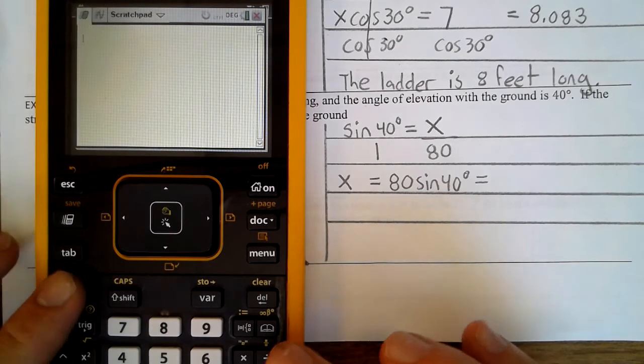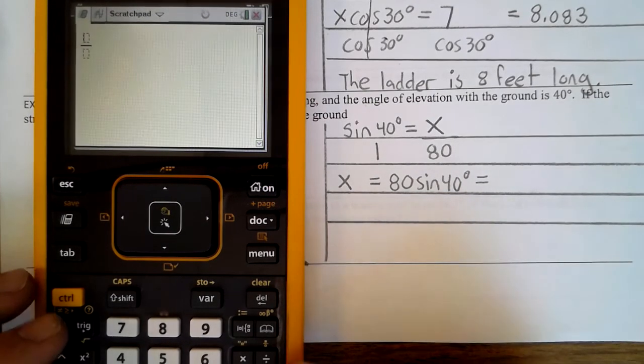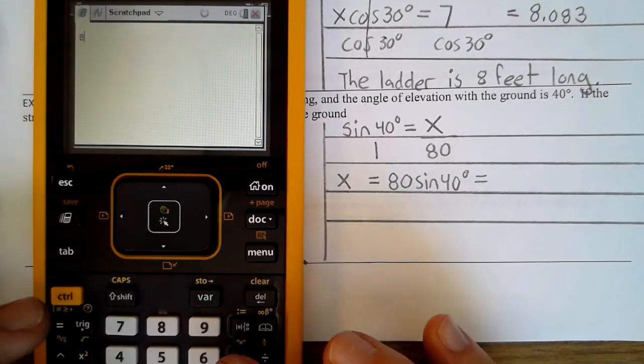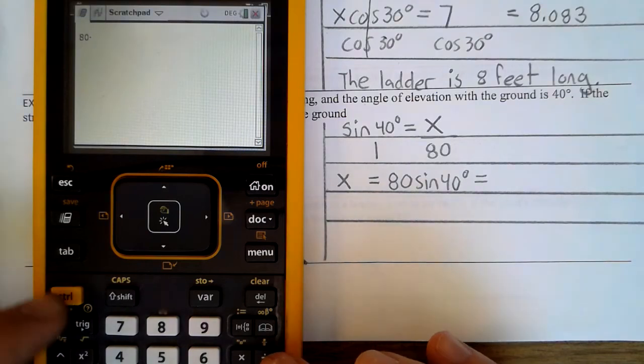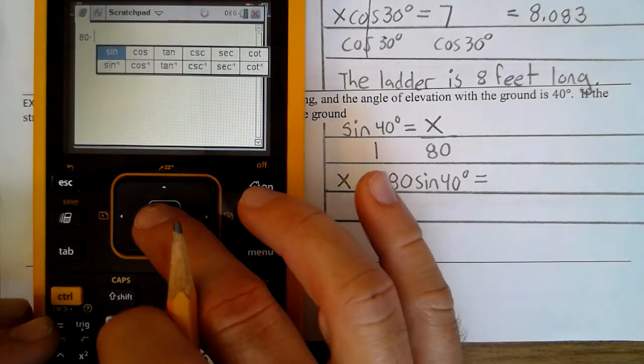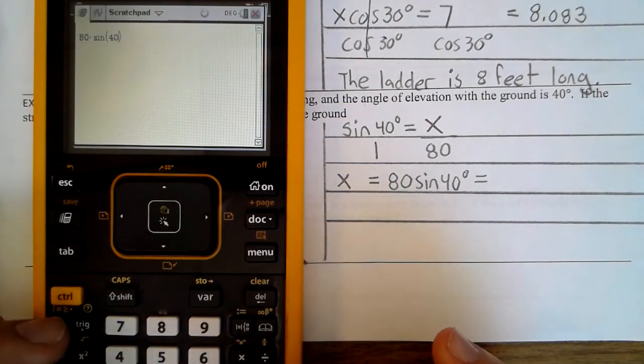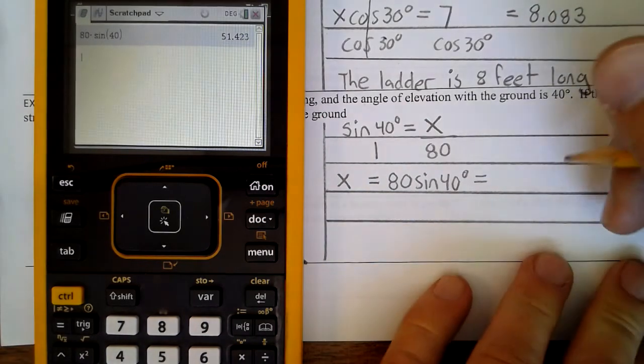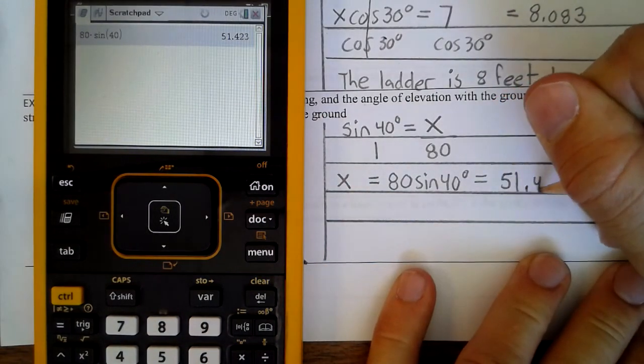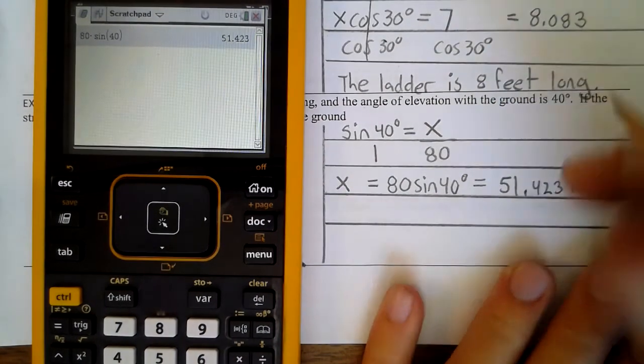Actually, we don't need Control Divide, just 80 times trig sine of 40, which is 51.423 meters.